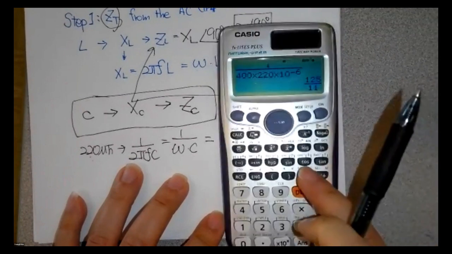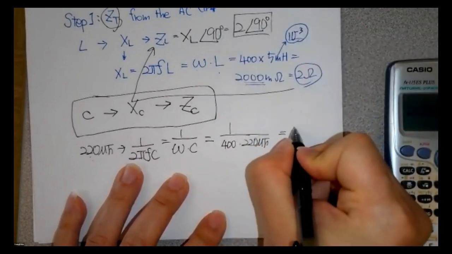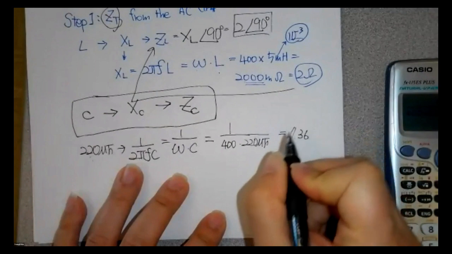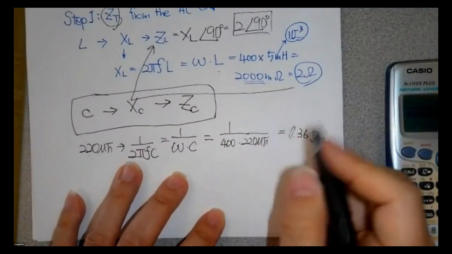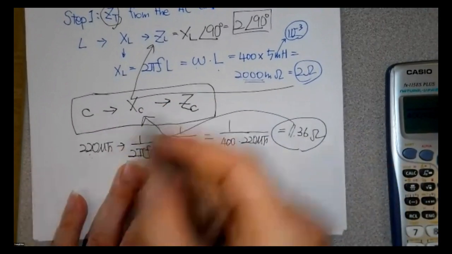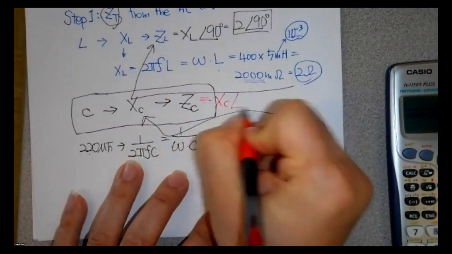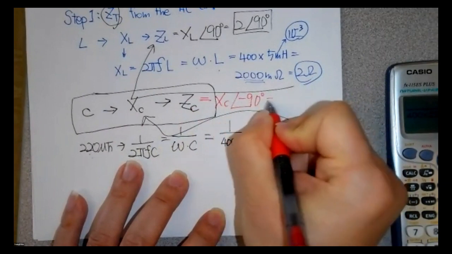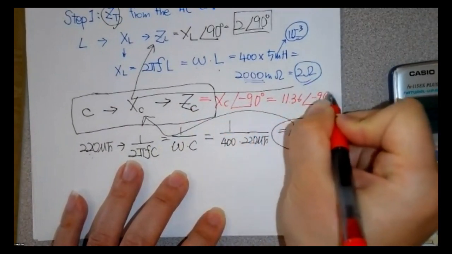That gives 11.36 ohm. So that is the X sub C here. So now finally the Z sub C is X sub C at minus 90 degrees, 11.36 at minus 90 degrees.